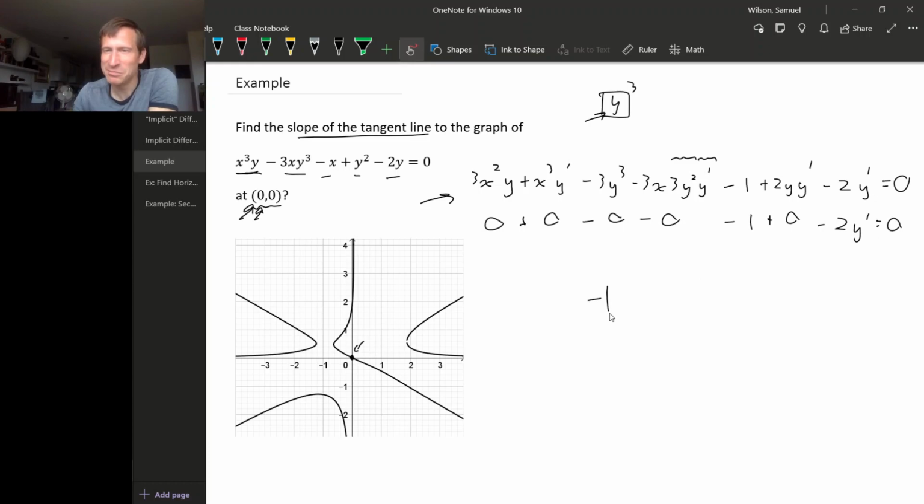So plugging in our point before we do all the algebra is much nicer, because we're left with this, minus 1, and this derivative is at the point (0, 0). All right, so now we can solve for the derivative. Move the 1 over, divide by minus 2. We get that y prime at (0, 0) is minus 1/2. And that looks about right on the graph. Yeah, the slope of the tangent line there looks like it's about minus 1/2.